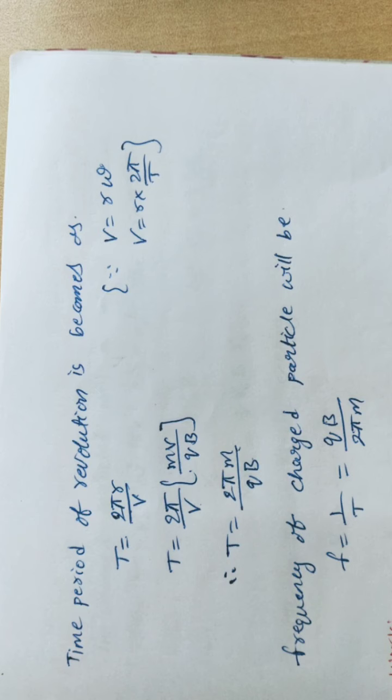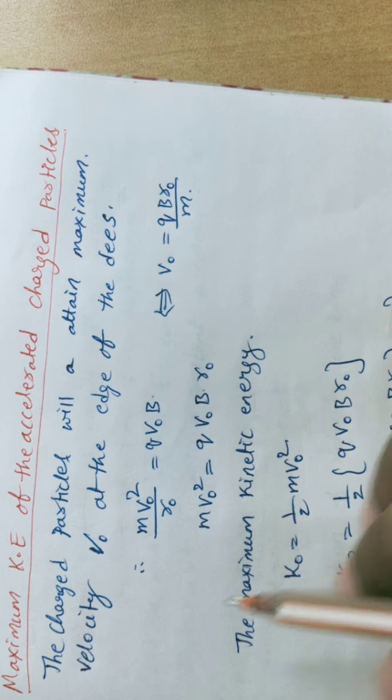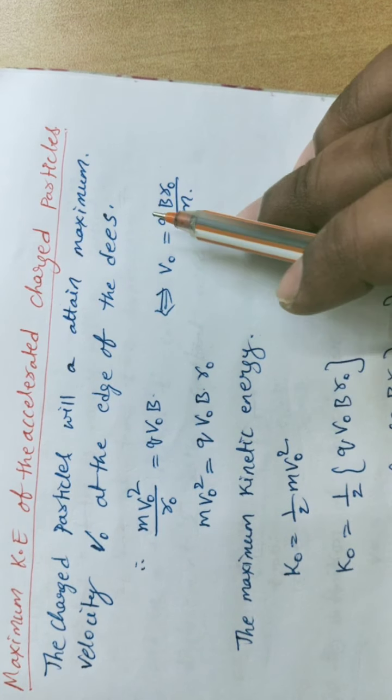After finding all these relations, we want to go for the maximum kinetic energy concept. For getting the maximum kinetic energy, the charged particle must gain maximum velocity. That maximum velocity I represent as v naught, at the edge of the disc.